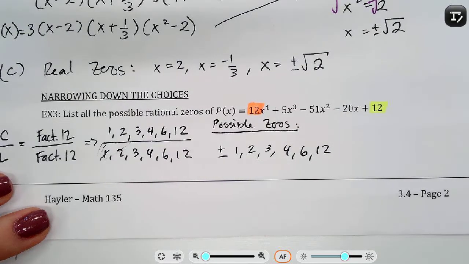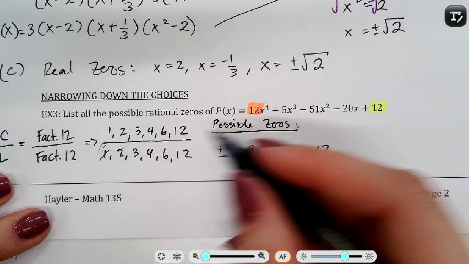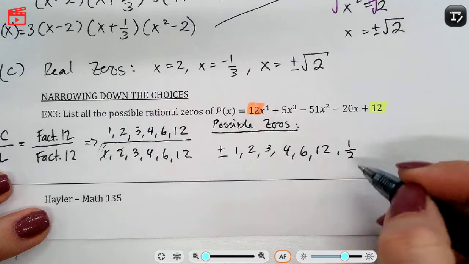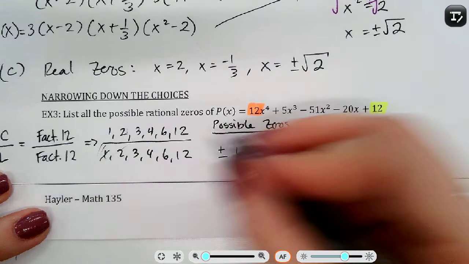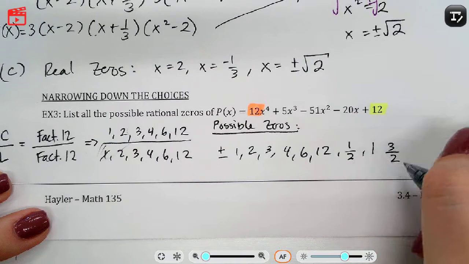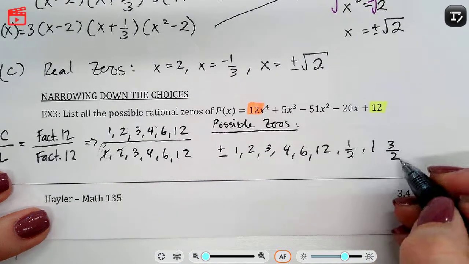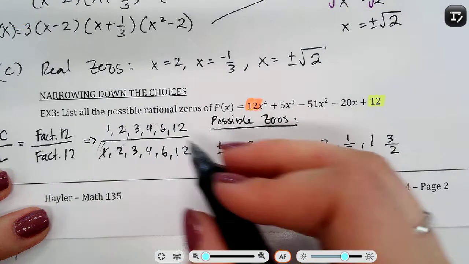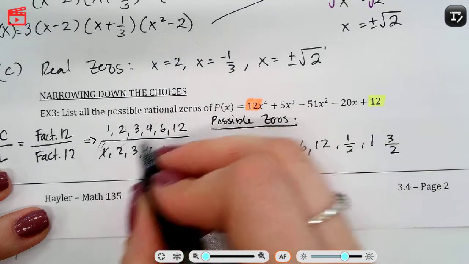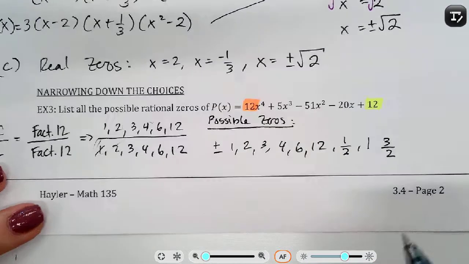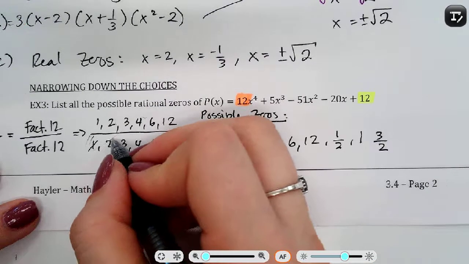Let's look at 2. So 2 over 1, that's going to be half. 2 over 2 will be 1. 3 over 2, well, that's 3 over 2. 4 over 2 is 2, which I already wrote down. 6 over 2 is 3, which I already wrote down. And then 12 over 2 is 6, which I already wrote down. All right, so we've done the 2s.